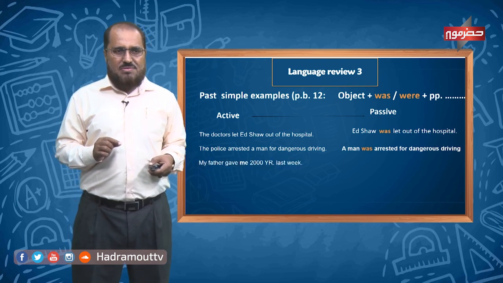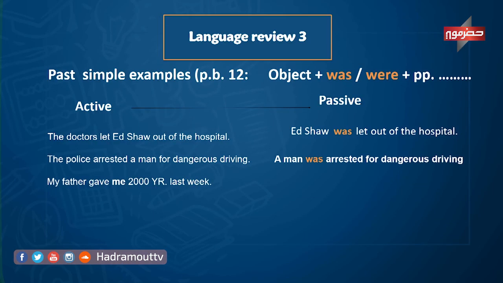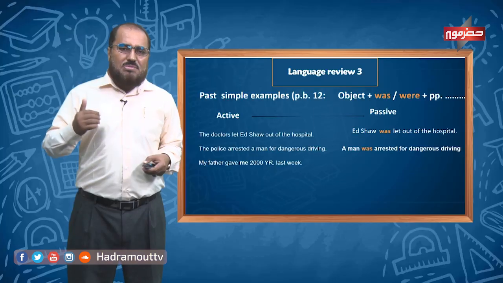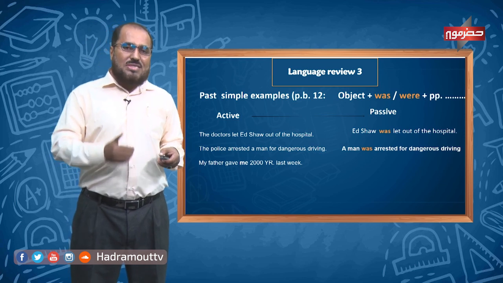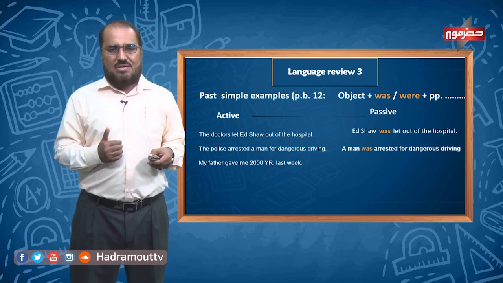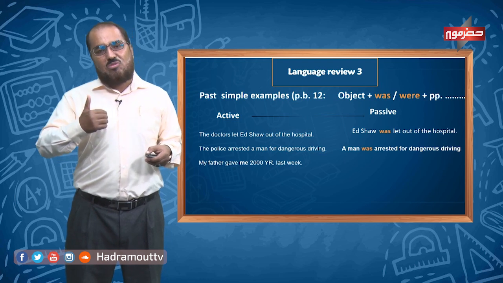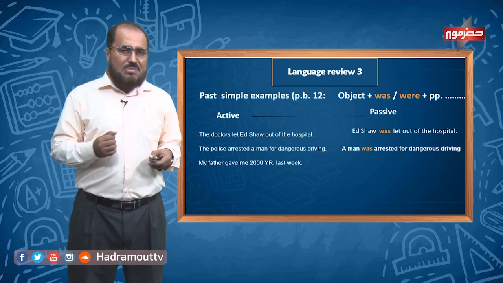More examples for passive. My father gave me 2,000 Yemeni riyal last week. By the way, this sentence has two objects, a direct object and an indirect object. The direct object is 2,000 Yemeni riyal. The indirect object, which comes directly after the main verb, is the pronoun me.